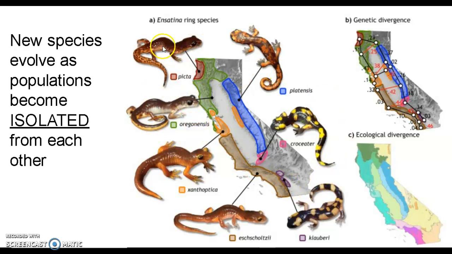If you were to bring this salamander and this salamander together, they would not be able to interbreed and produce fertile offspring, causing them to be two different species.